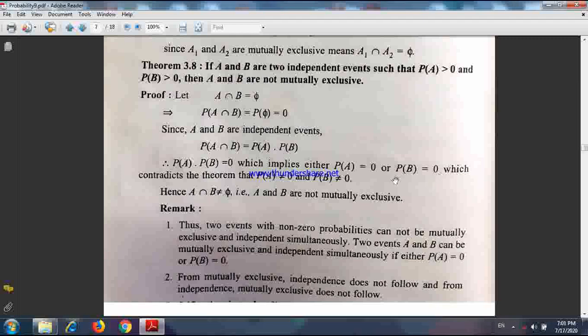But that contradicts the theorem, because in the theorem it is given that PA strictly greater than 0 and PB strictly greater than 0. Hence, A intersection B is not equal to phi, that is, A and B are not mutually exclusive.